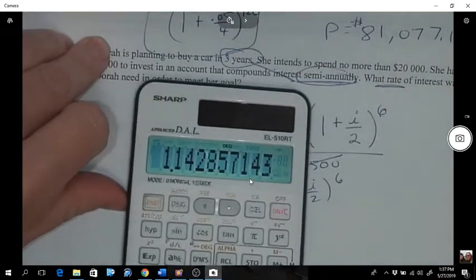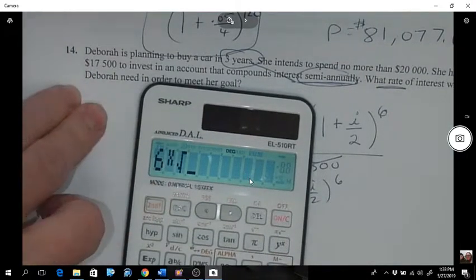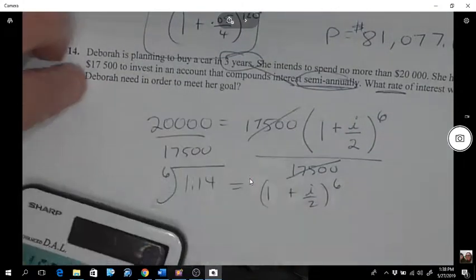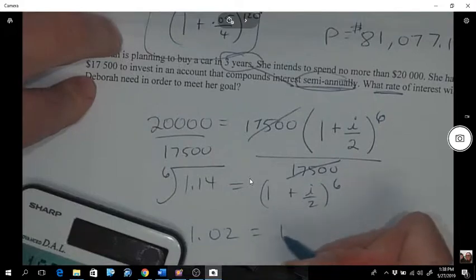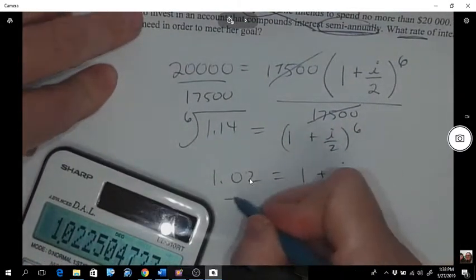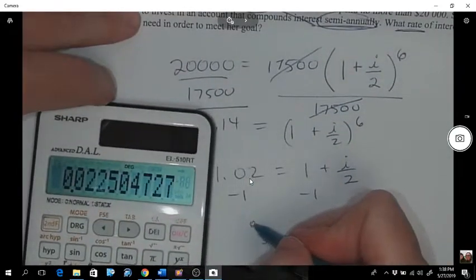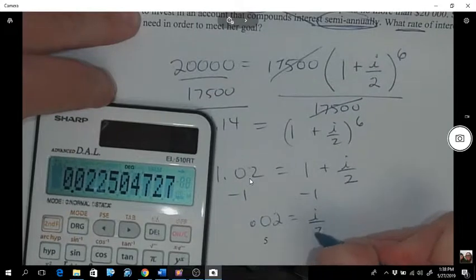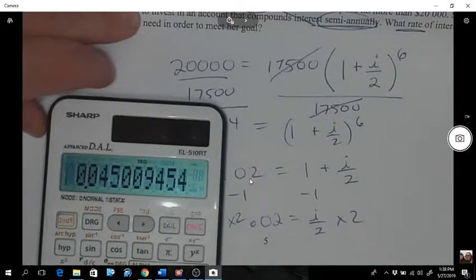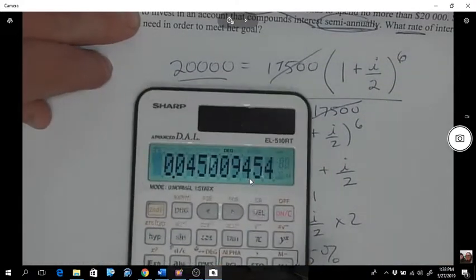Okay, so 6, and then the any root, and I'm going to insert my answer there. So 1.02. Okay, and then I would subtract 1. So 0.02. And then I'll times by 2, making sure I'm always keeping my answer in there. So my final is 4.5% is my rate.